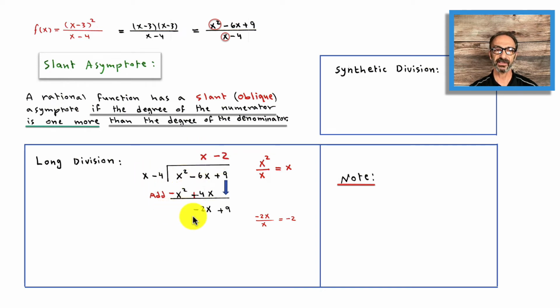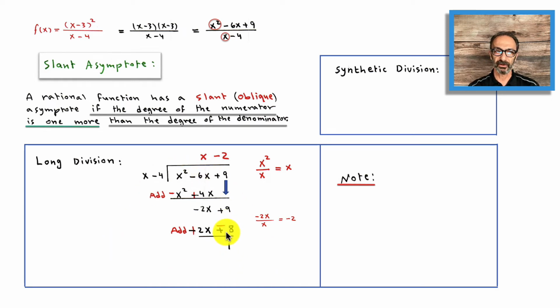Negative 2 times x is negative 2x, similar to this. Negative 2 times negative 4 is positive 8, but we need to change the signs and call it add. So it's going to show like minus 8 instead of plus 8. One more time, this cancels every single time. Okay? 9 and negative 8 will be 1.